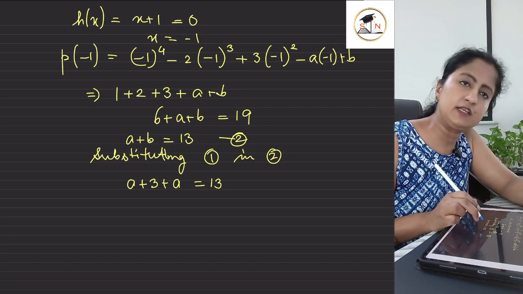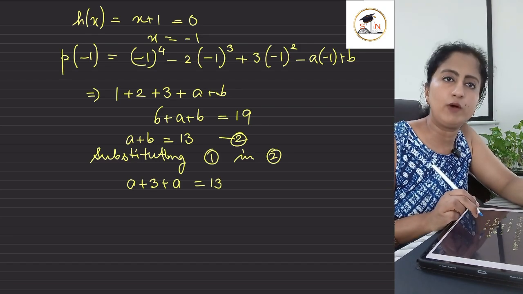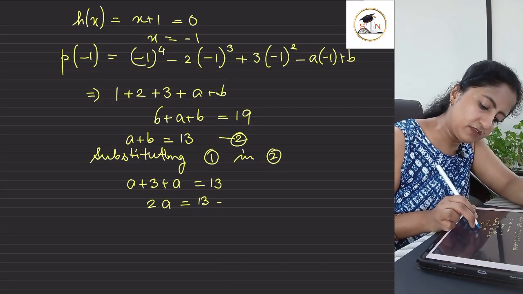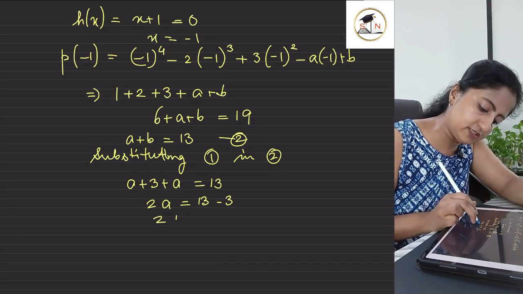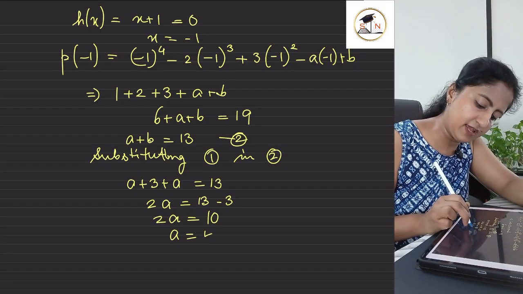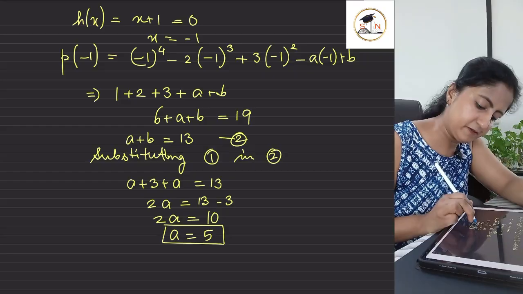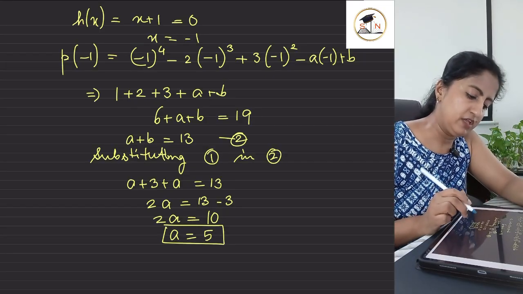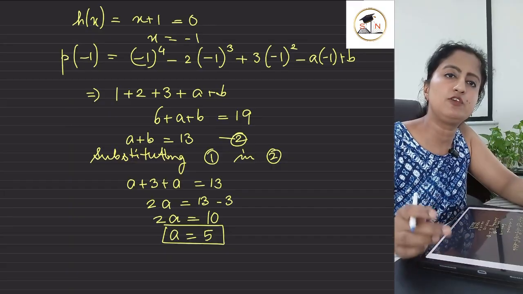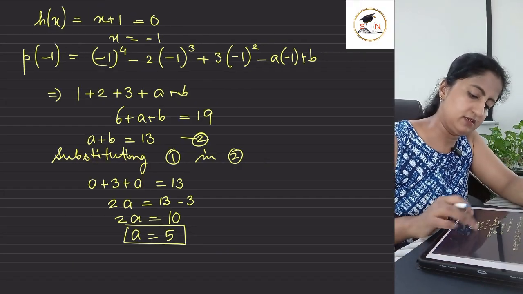So now we have finally got a linear equation in one variable. That gives me 2a equals 13 minus 3, that is 2a equals 10, and hence we get the value of a as 5. Right. Now, we have got our a. We will find b by putting this value of a in 1.